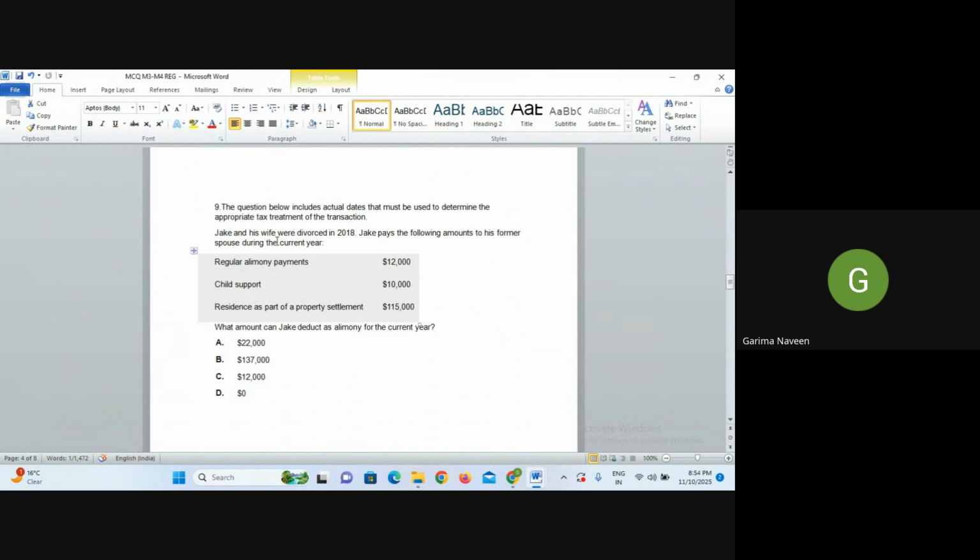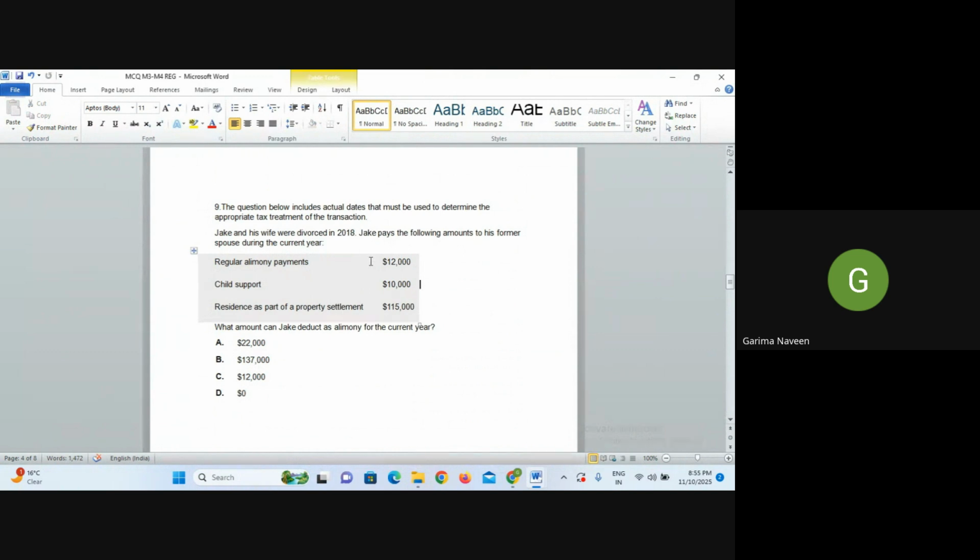Okay, the next question is, include actual date that must be used to determine the appropriate tax treatment. Jake and his wife were divorced in 2018, and Jake pays the following amounts to his former spouse during the current year.